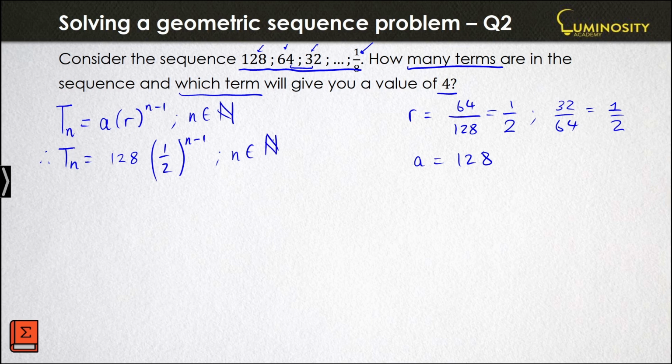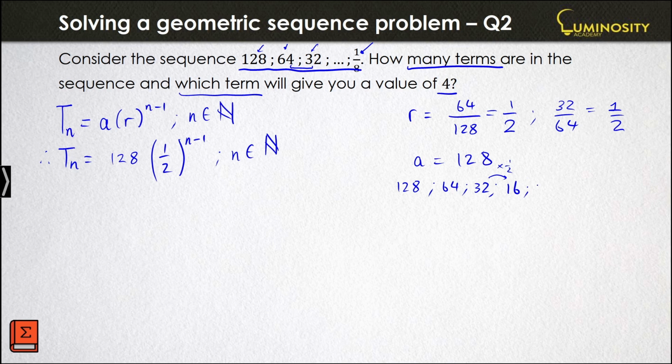However, we want to know how many terms are in the sequence. So if I listed them out, 128, 64, 32. Now, we know that the constant ratio is a half. So if we multiply by half, we can probably see that the next term is going to be 16. So let's keep multiplying by half and see if we can write out the full list until we get to 1/8.